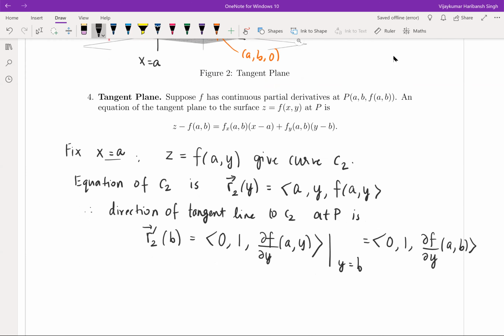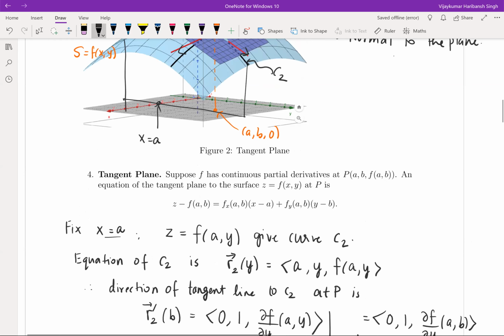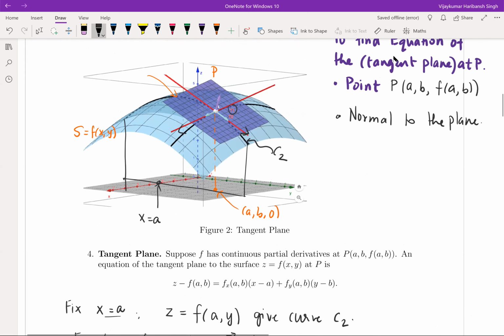Similarly, equation of C1. So what is C1? C1 is this curve when you fix y equals to b, then you get curve C1. So this is your C1.